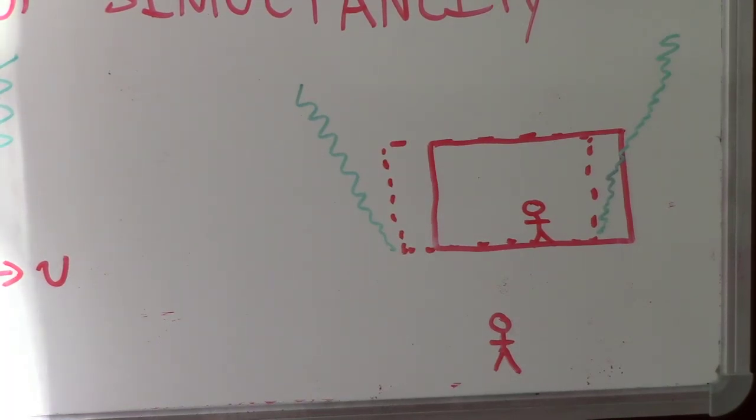So the observer in the truck does not see both rays arrive at the same time, right? Because the observer is actually moving towards this event and away from this event. And so if the observer out of the truck sees both events occur simultaneously, the observer inside the truck can't see both occur simultaneously.